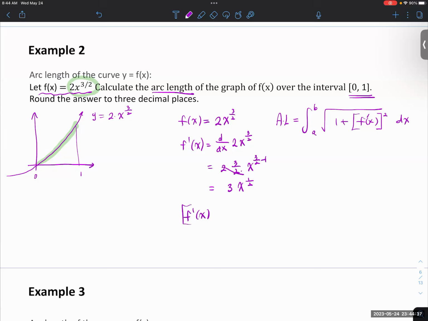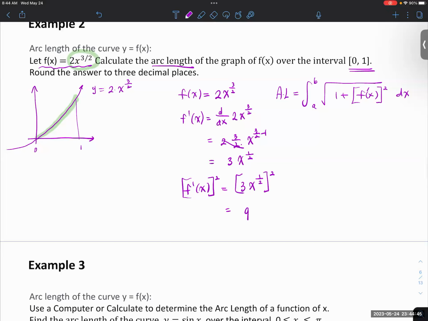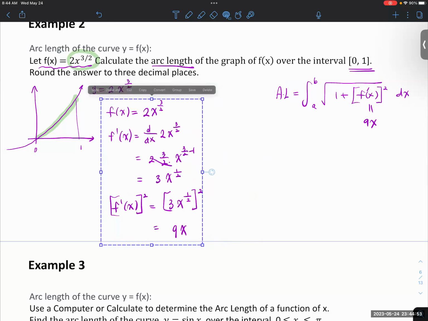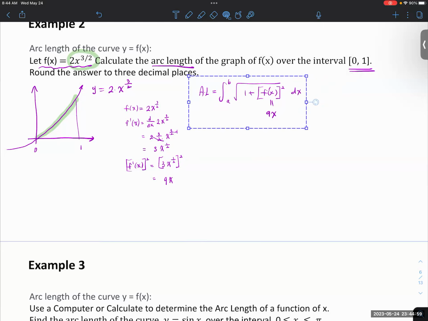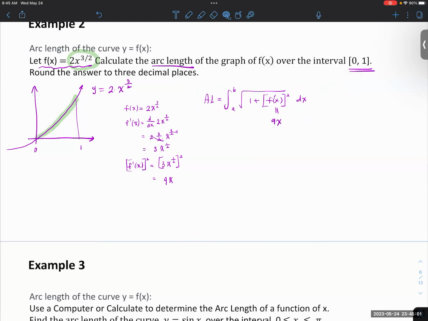We are going to square it: 3x to the 1 over 2, second power, 9 times x, so this is going to be 9x. I'm going to bring this one a little bit here. So we have all the f, and then we use this formula to find the arc length.